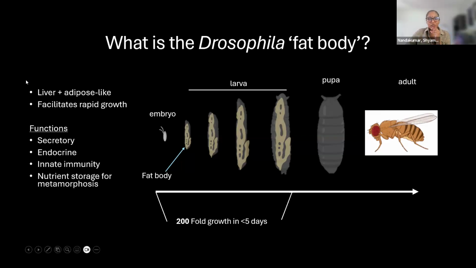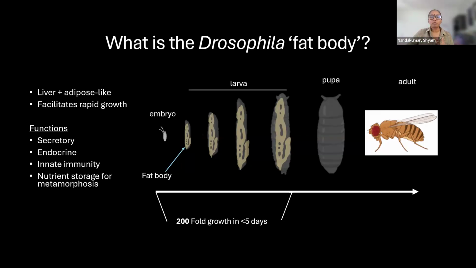Much like the C. elegans germline, the Drosophila fat body in the larval stages occupies a large proportion of the animal's body. It's considered both liver- and adipose-like, and it's the tissue that both undergoes extremely rapid growth and also facilitates the exponential growth that Drosophila larvae see from egg to pupa.